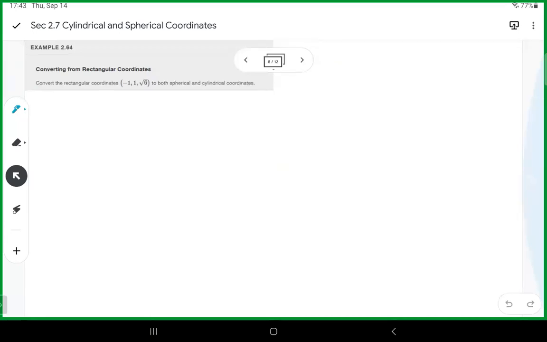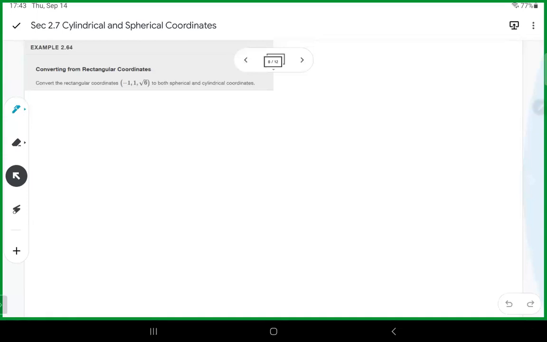Okay. All right, so the second one says convert the coordinates -1, 1, and the root of 6 to both spherical and cylindrical. So I'm actually going to give you guys the formulas.